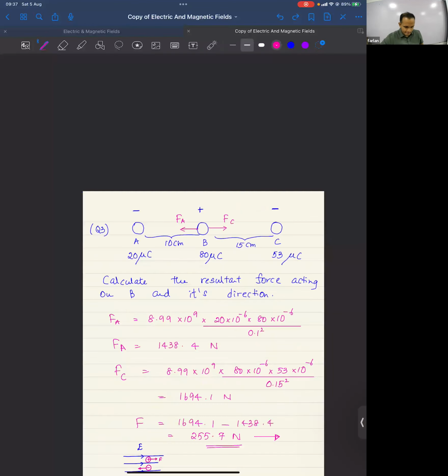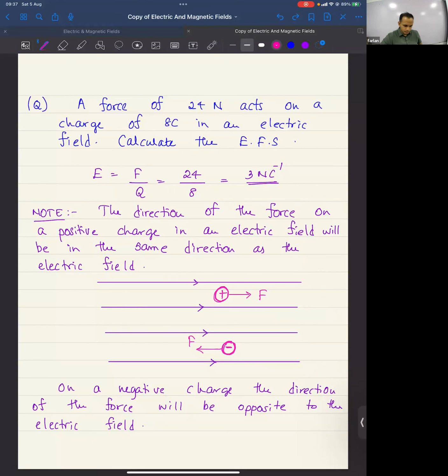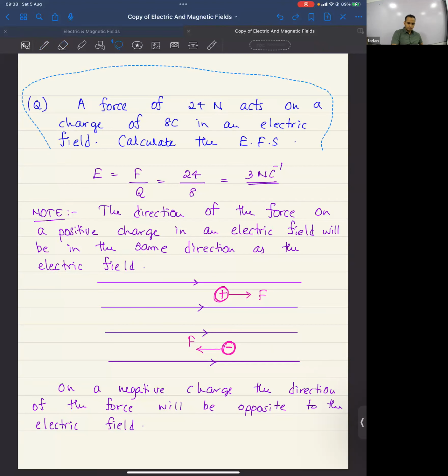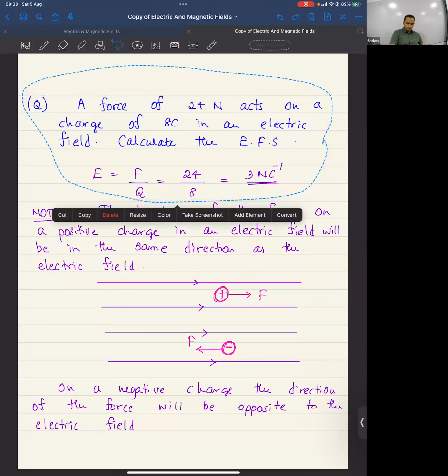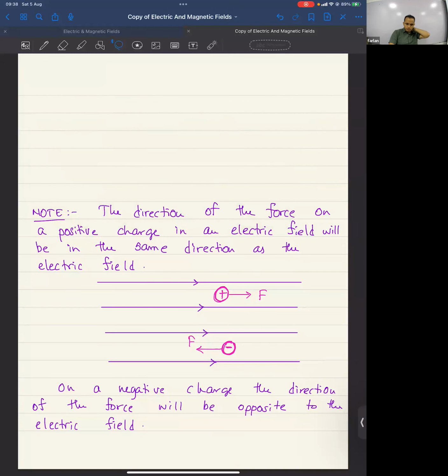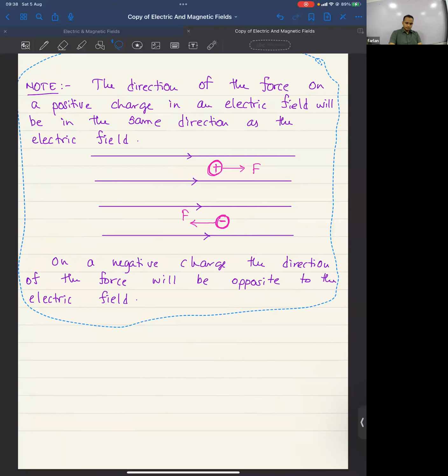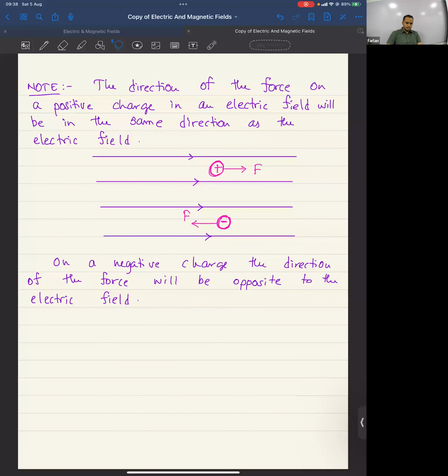Let's make a note on that. The direction of the force on a positive charge in an electric field will be in the same direction as the electric field.